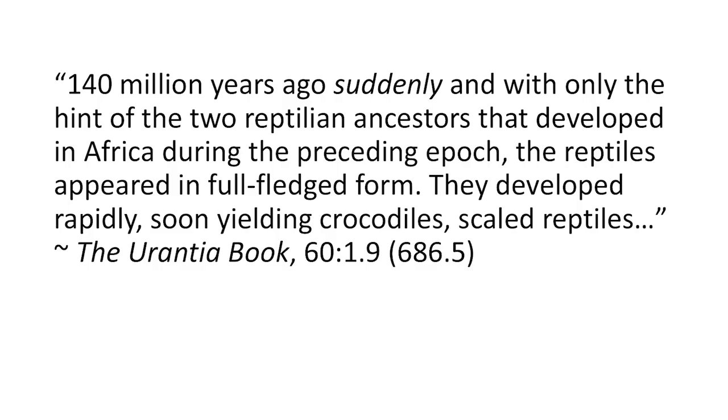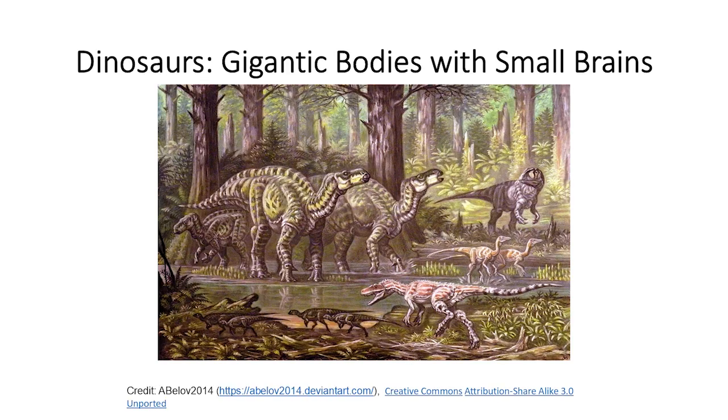They developed rapidly, soon yielding crocodiles, scaled reptiles, etc. During the Triassic period, reptiles were recovering from the Permian-Triassic mass extinction, thought to have resulted from dramatic climatic changes from an arid period to an extremely wet climate known as the Carnian pluvial episode, dated 234 to 232 million years ago, consisting of perhaps 1 million years of constant rain, after which, once again, it became arid.